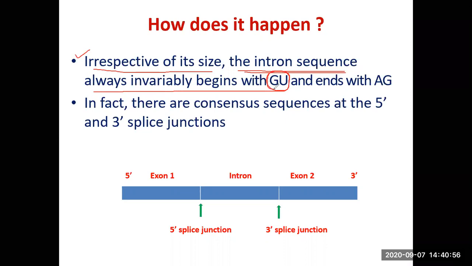So irrespective of the size, whether it is a 50 nucleotide intron or a 10,000 nucleotide intron, it will begin with GU, and it will always end with AG.